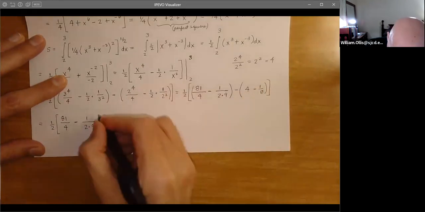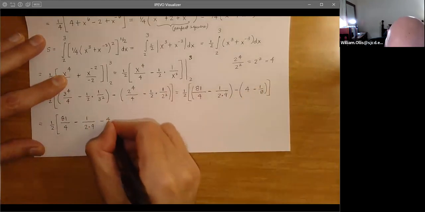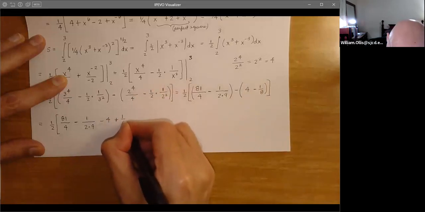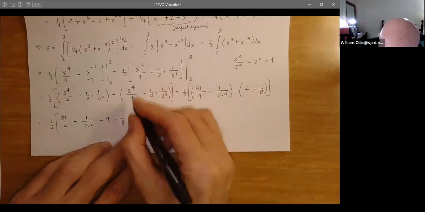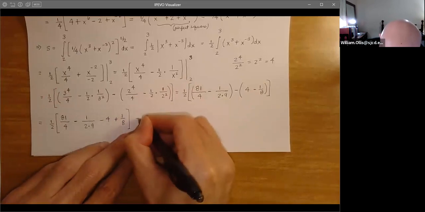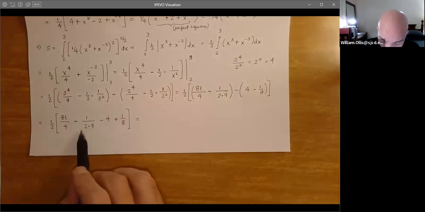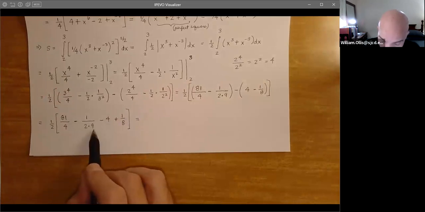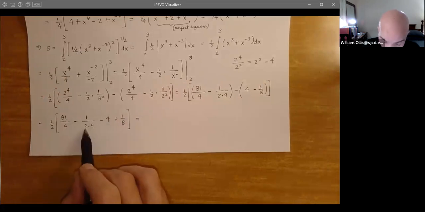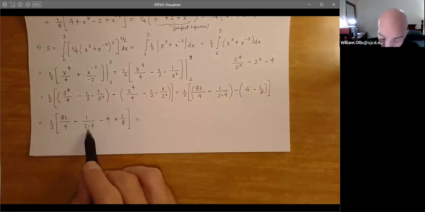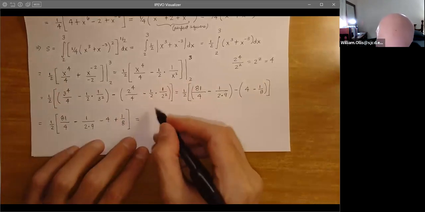And now we have -4, and then minus minus plus 1/8. So at this point, we're good to go with all of this. Notice we need a 9 and we need an 8. And then of course here we need a 2 and a 4, and that's just 8. So our common denominator would include the 9 and the 8.